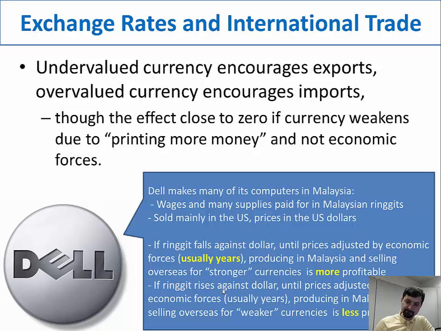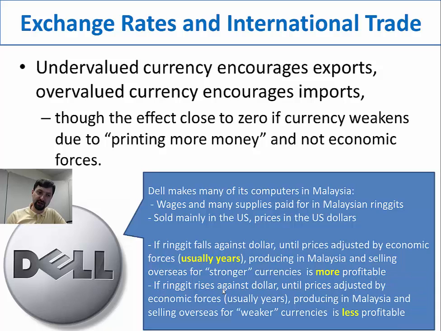Now Dell makes its products in the country with the weak currency, but as you can imagine, sells them all around the world, in America, in Europe, in Asia, everywhere. By having a factory where labor is paid in local currency and the currency is losing value all the time, Dell basically saves money and improves its profits.